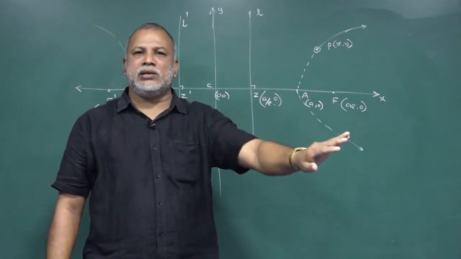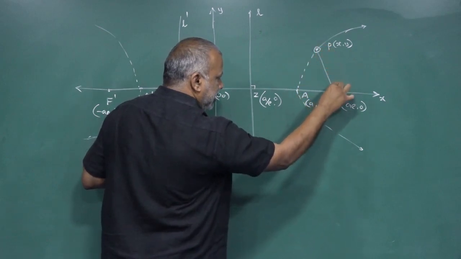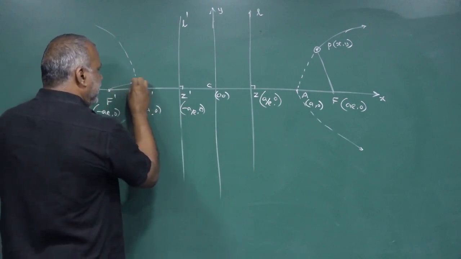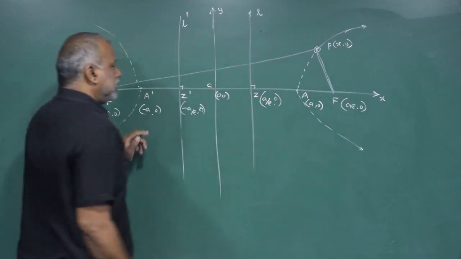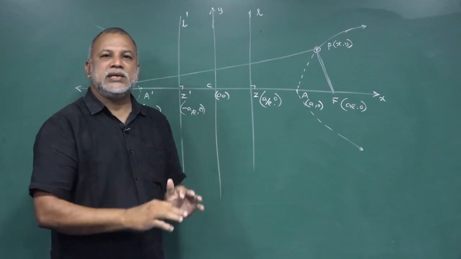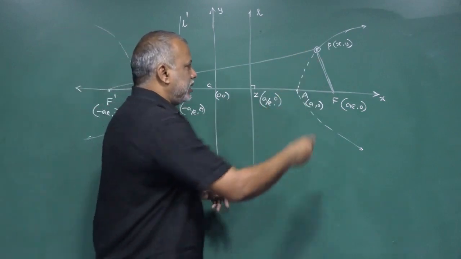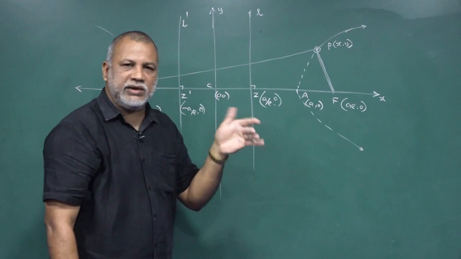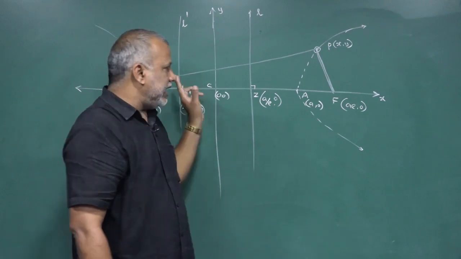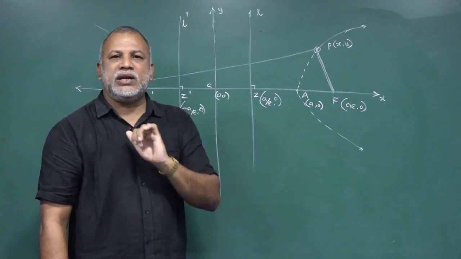Now see the focal distances: FP, then the other focus, F dash P. The difference of the distances: F dash P must be the greater distance, FP is lesser compared with F dash P. So the difference of the focal distances, F dash P minus FP, must be equal to the length of the transverse axis.